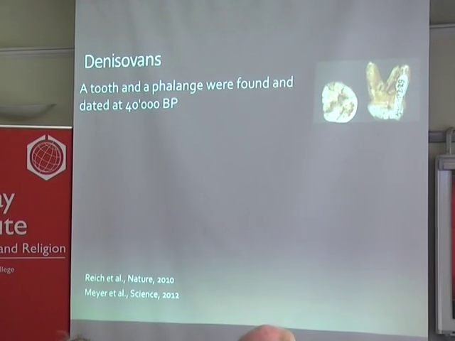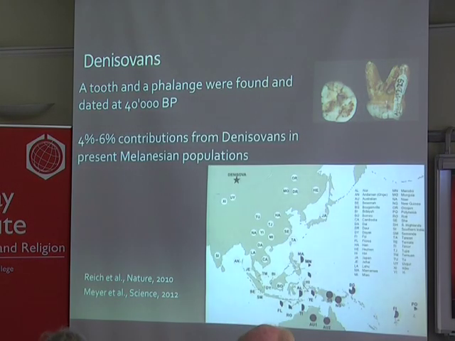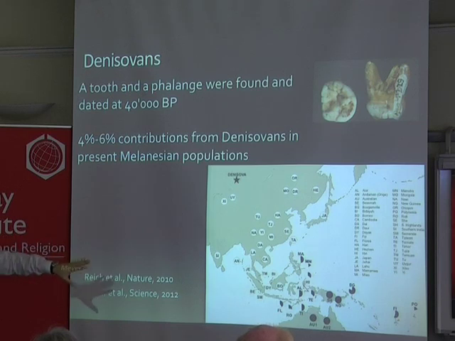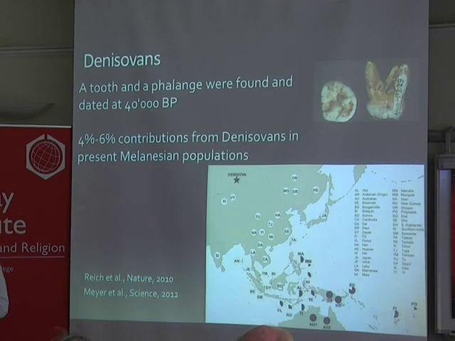What they found is that it was neither a modern human nor a Neanderthal. They call them Denisovans. What's striking is that in current populations in Melanesia, Papua New Guinea and northern Australia, Aboriginal populations, there was a 4 to 6% contribution of this Denisovan.